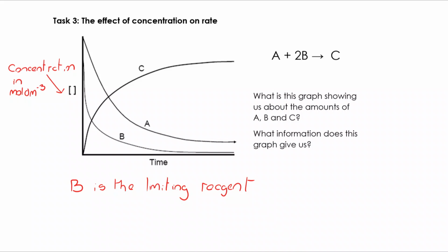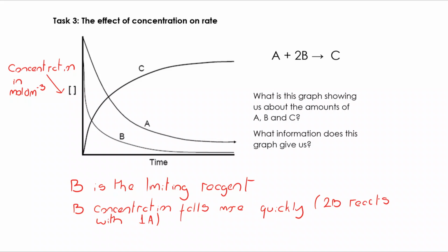In really simple terms, we can see the concentration of A has gone down, the concentration of B has gone down, they're the reactants. As that happens, the concentration of C has gone up. We can also see though that the concentration of B falls more quickly.